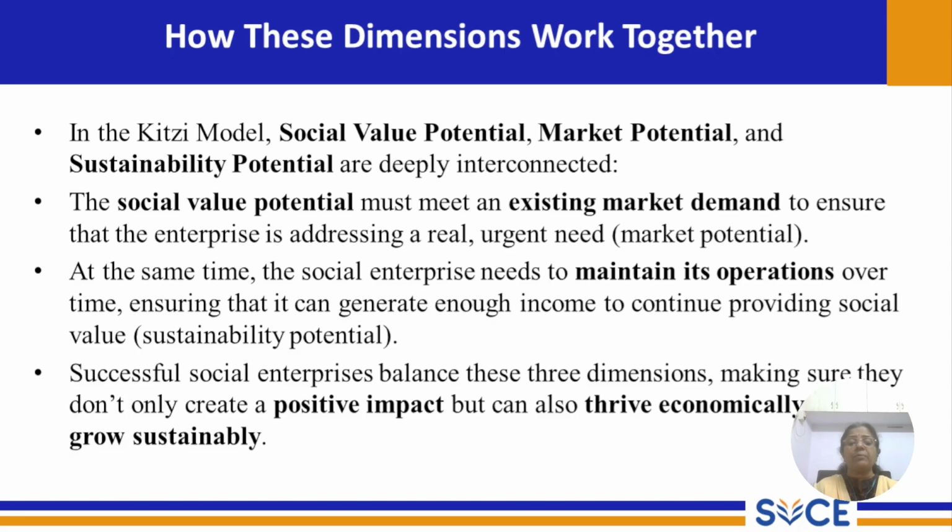At the same time, the social enterprise needs to maintain its operations over time, ensuring that it can generate enough income to continue providing social value, that is sustainability potential. Successful social enterprises balance these three dimensions, making sure they don't only create positive impact but can also thrive economically and grow sustainably.